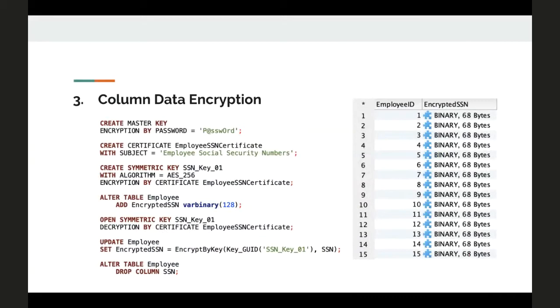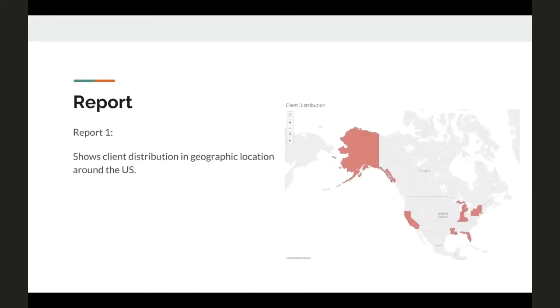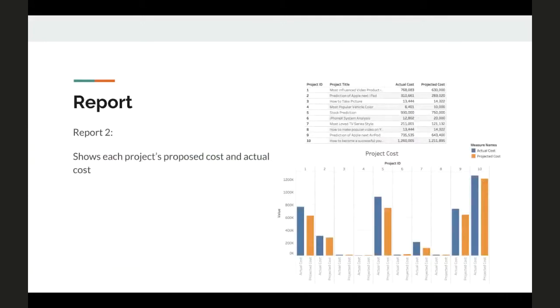And now I will demonstrate the reports that we created. In report 1, we use a field map to show the client distribution in geographic location around the US. In the second report, we use a bar graph to show each project's proposed cost and actual cost.